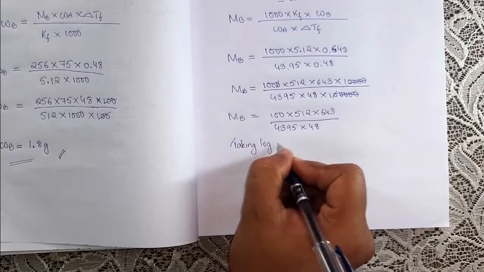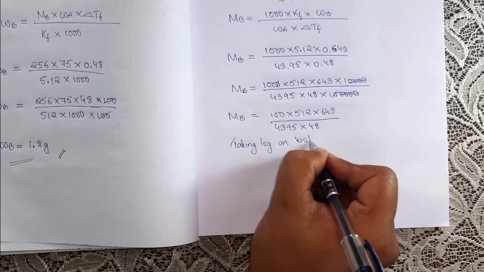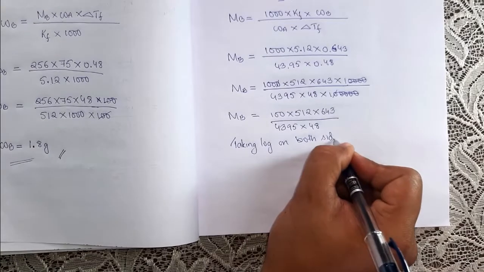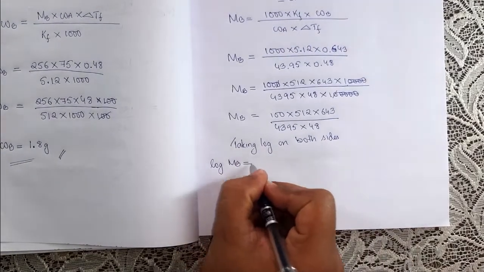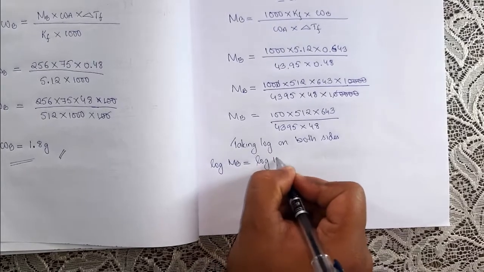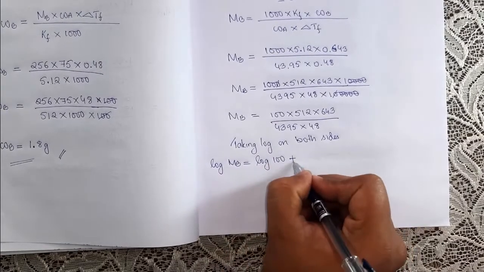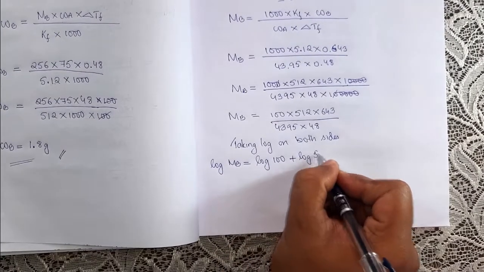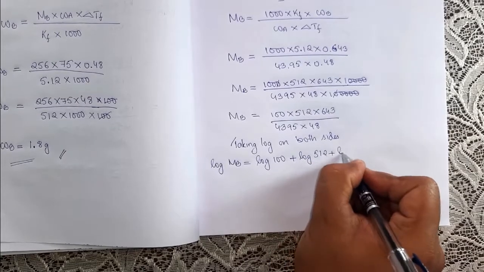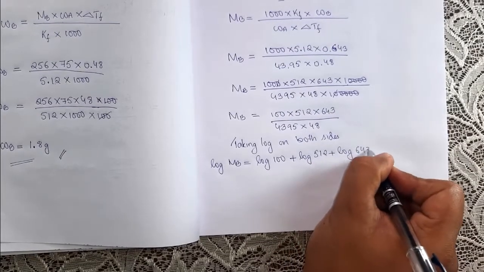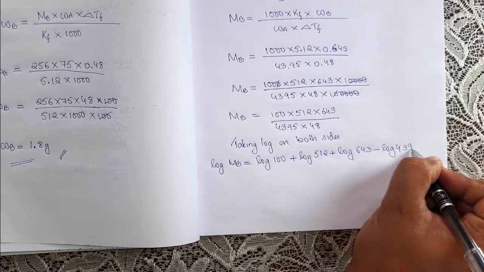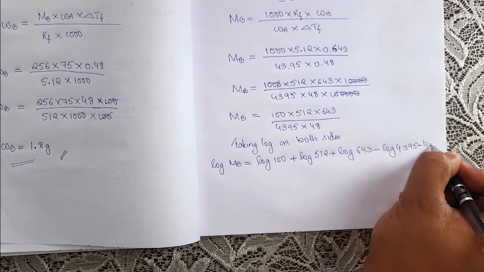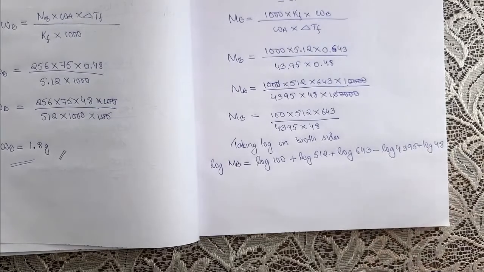Taking log on both sides, we have log MB is equal to log 100 plus log 512 plus log 643 minus log 4395 minus log 48.